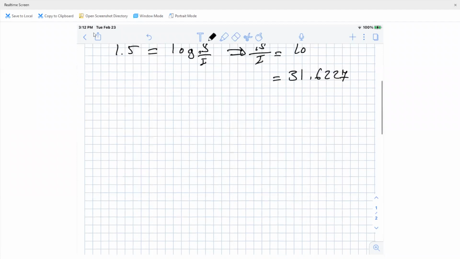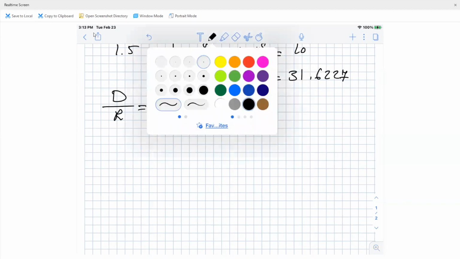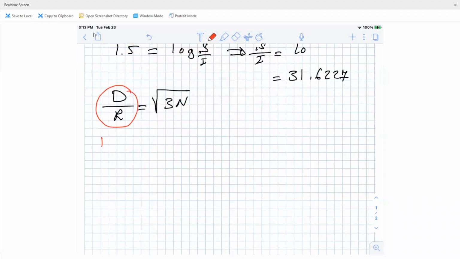Well, now again in the problem, the requirements are what? Two things really: the reuse distance, and the cluster size. Keep in your mind that reuse distance is D over R, which equals the square root of 3n.